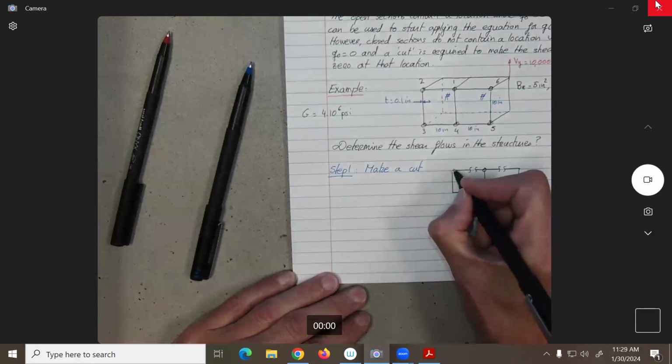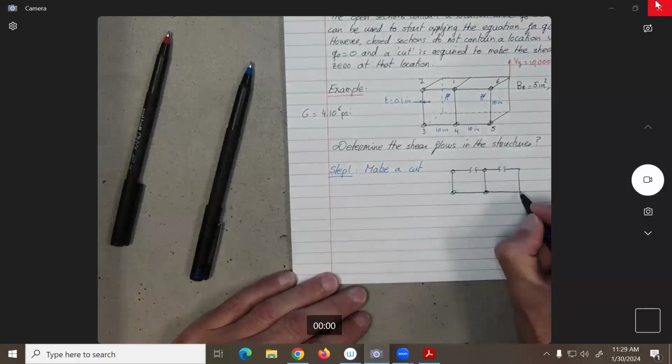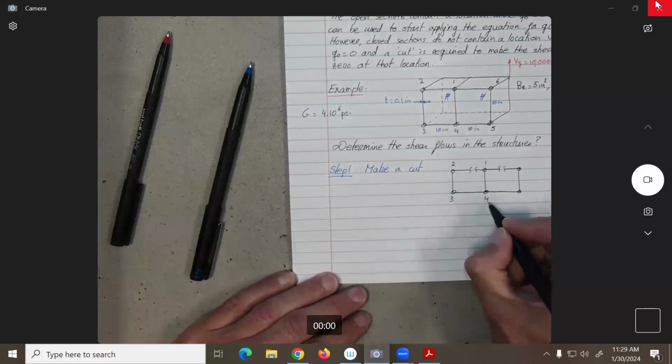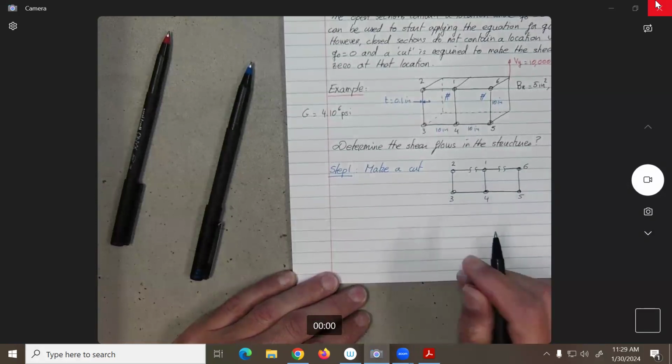This doesn't change, so it would be 1, 2, 3, 4, 5, 6.